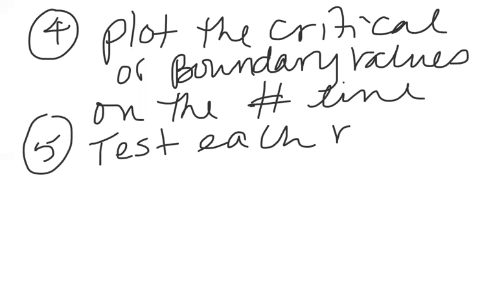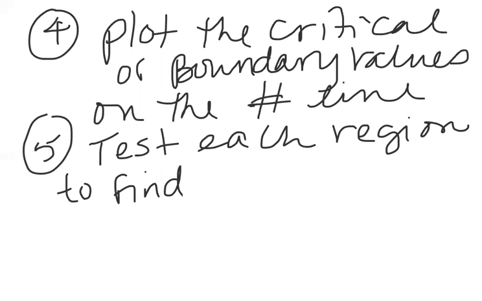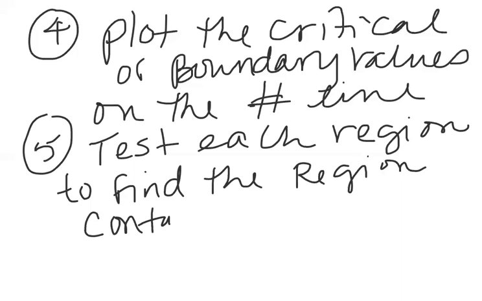By the way, I did this already when we talked about the linear inequalities. So this is very similar to what we did with those linear inequalities, guys. So you're going to test each region to find the region containing all the solutions, as in containing all the values that would make the inequality true.